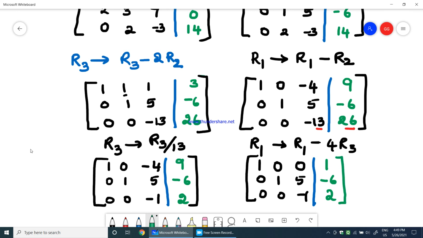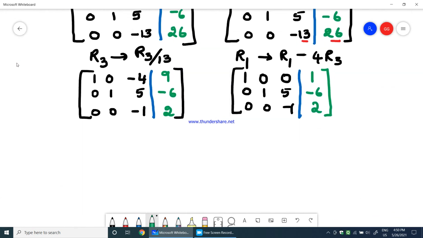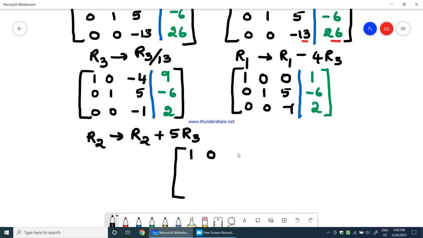Now my next job is to make this 5 become 0. Very simple. I'll say R2 equals R2 plus 5 times R3. So what will I get finally? This is 1 0 0.